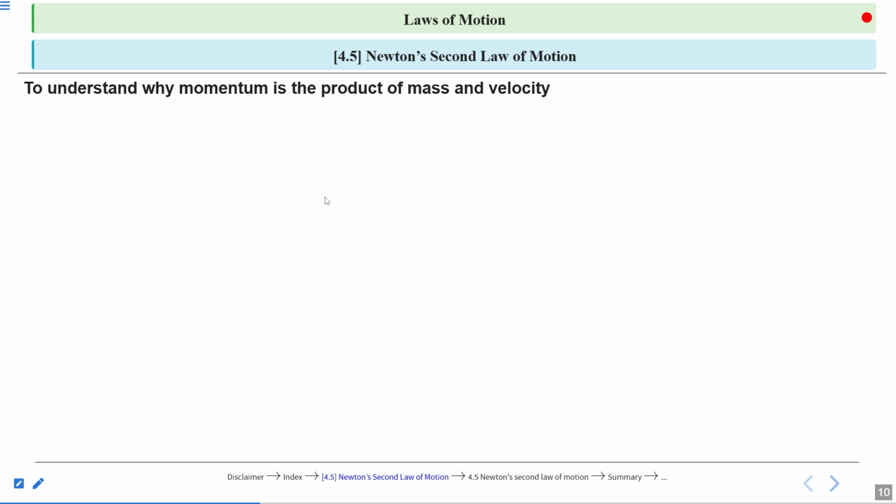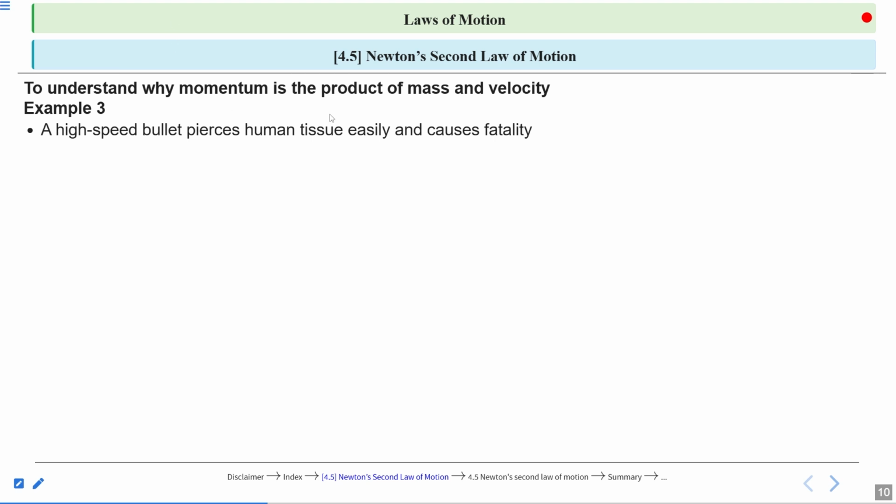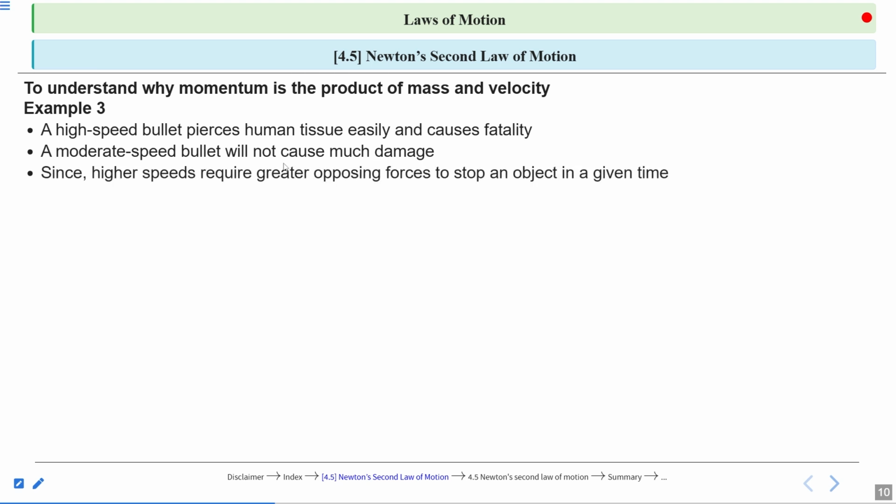To understand why momentum is the product of mass and velocity, Example 3. Let's discuss. A high speed bullet penetrates human tissue easily and causes fatality. A moderate speed bullet will not cause much damage, since higher speeds require greater opposing force.